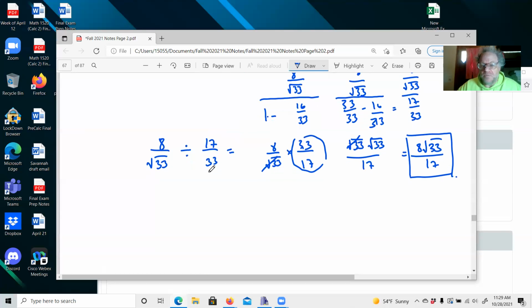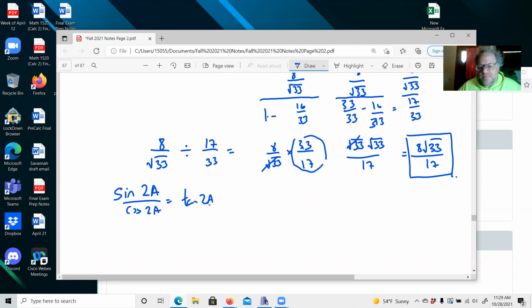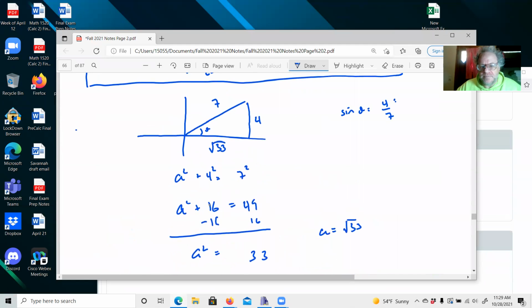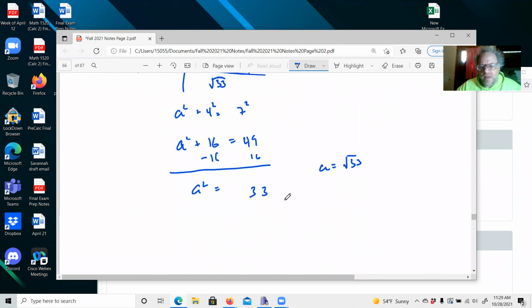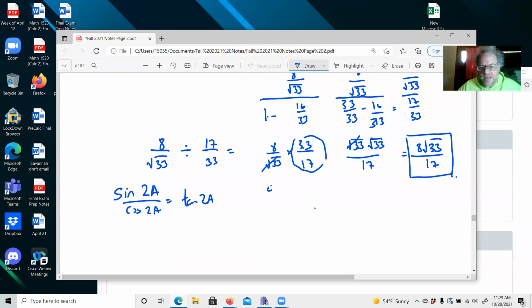Or you could be clever too. Well, either way you do this is fine. We know that sine of 2a over cosine of 2a is equal to the tangent of 2a, right? Sine over cosine is equal to tangent, same angles. What was our sine of 2a? That was the first one we did. That one was 8 root 33 over 49.